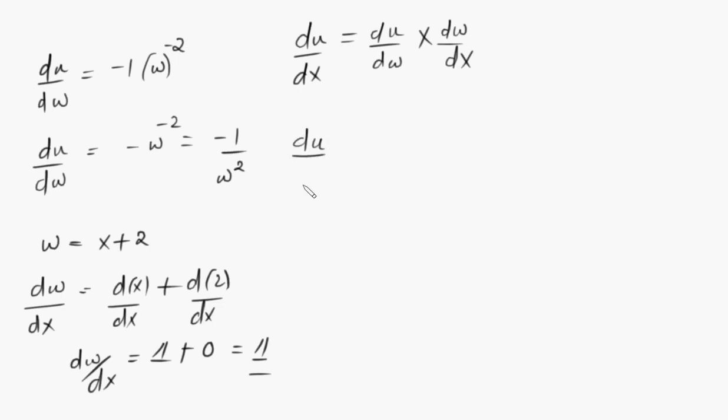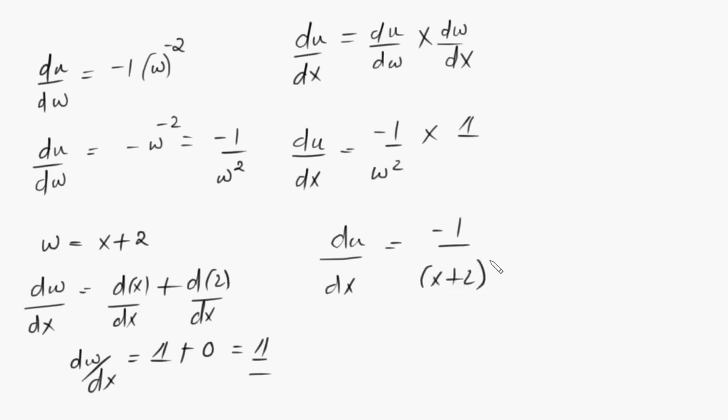So du/dx is equal to du/dw, which is negative 1 over w squared, times 1. So du/dx is negative 1 over w squared. We said w is x plus 2, so this is negative 1 over (x+2) squared. So this one is du/dx. Remember we had dy/du equals 10u to the power 9.